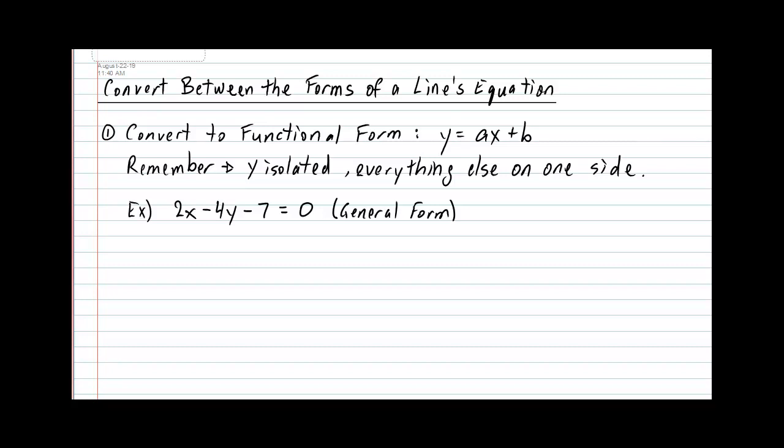Or if you wanted the y variable on the right hand side, you can simply just move over the negative 4y. The choice is yours. For now, I'll move the 2x and the negative 7 over to the other side.